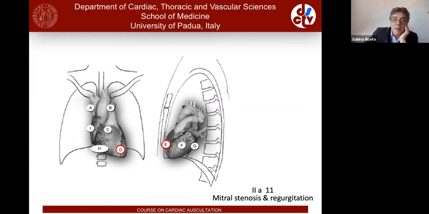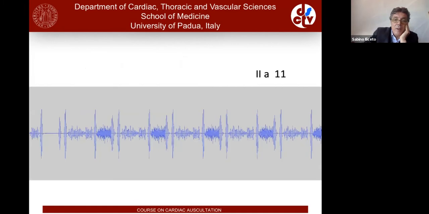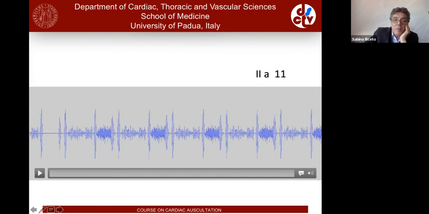And this is the typical auscultatory finding with not only the murmur of diastole, but also the systolic murmur. The first cycle is filtered, you have no regurgitation, then regurgitation will occur. But again, this is just to show you, because we should spend appropriate time on mitral regurgitation.